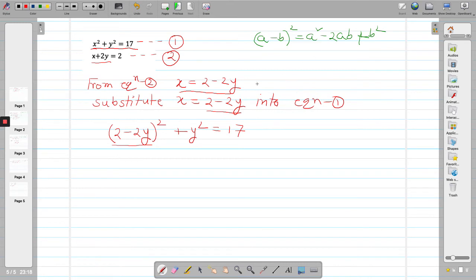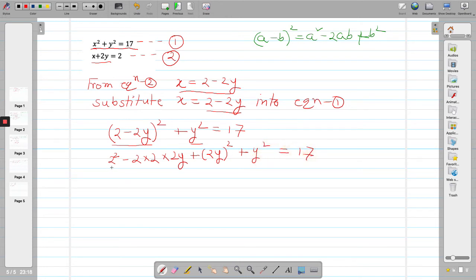So in the formula, first a squared, so it will become 2 squared, very careful, 2 squared minus 2ab, so 2 times 2 times 2y, 2y is b, and then plus b squared, b is 2y, so I'm going to put it in brackets because there are two things, letter and number together, squared, and then this y squared, don't forget this y squared is here, and on the right hand side we have 17.